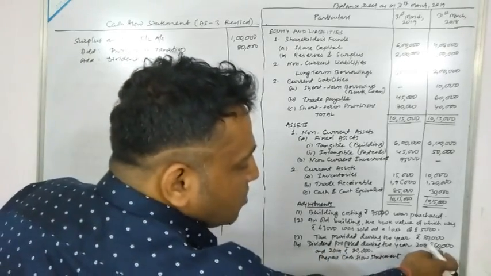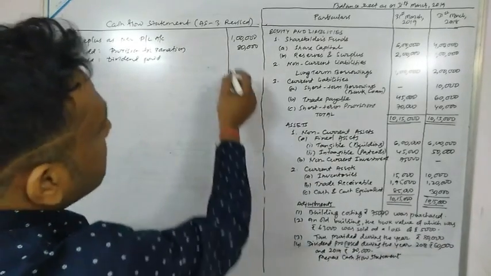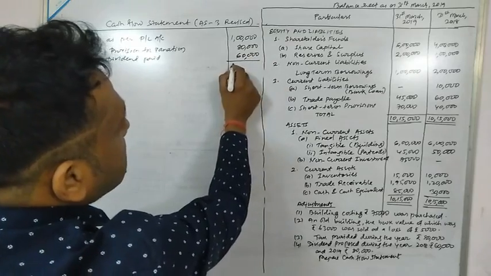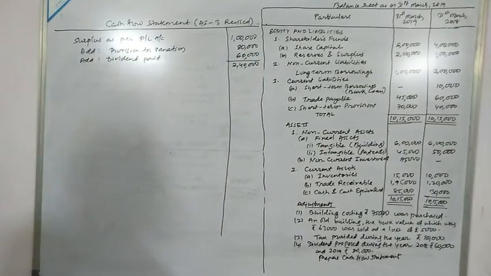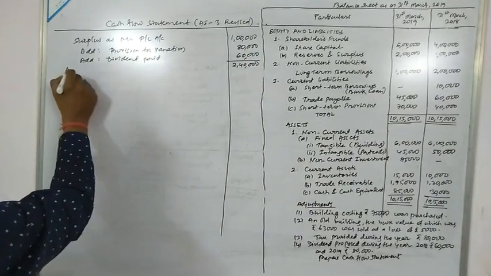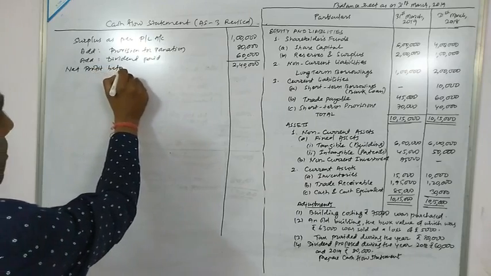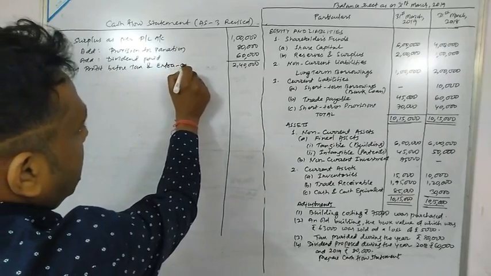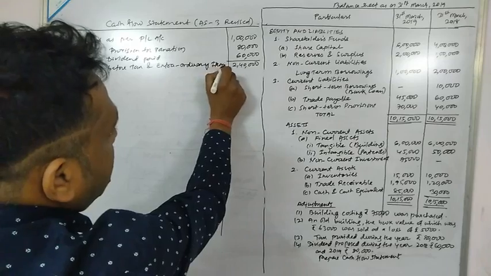So for 2018 we have to take the dividend paid, which is 60,000. So the total amount would be 2,40,000. This would be considered as the net profit before tax and extraordinary items.